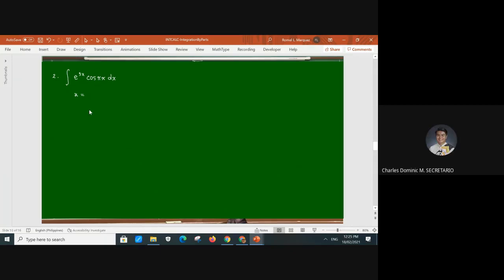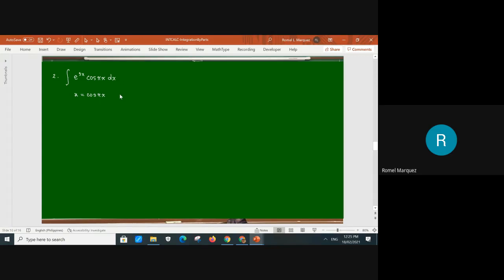Trigonometric, sir. Trigonometric. So let's try taking cosine pi x as our u. Actually, in this case, you can choose either. Even if you violate LIATE, it will still work. But if you follow LIATE, cosine pi x is the u, no?